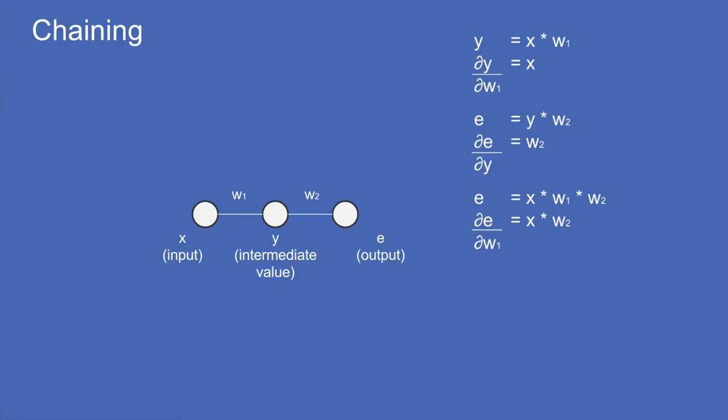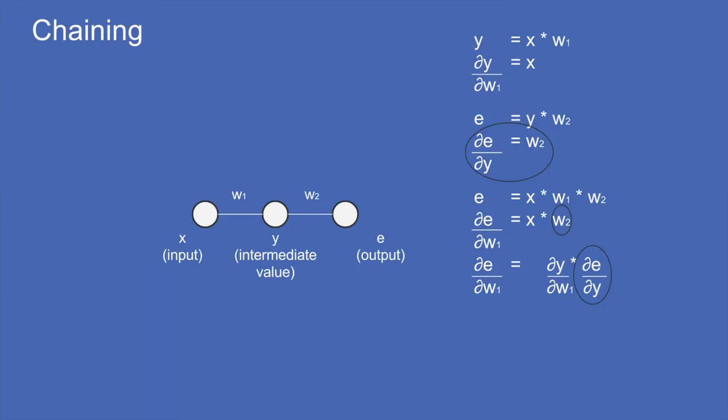And so if we want to calculate how much the error will change if I change w1, we just take the derivative of that with respect to w1 and get x times w2. So this illustrates that what we just calculated is actually the product of our first derivative, dy dw1, times the derivative for the next step, dE dy, multiplied together.